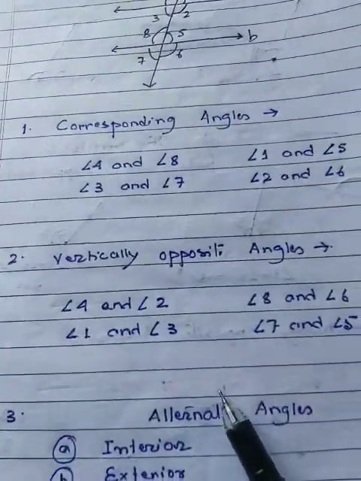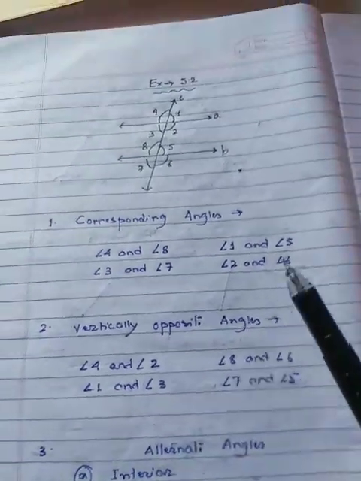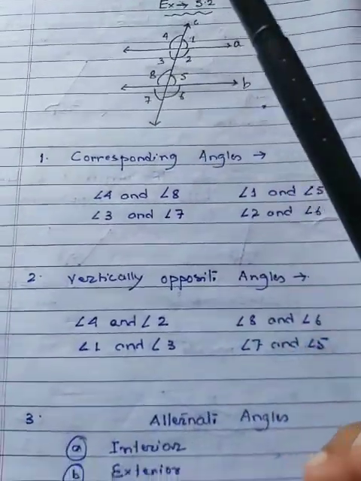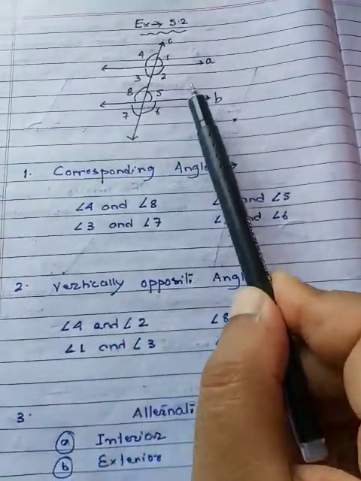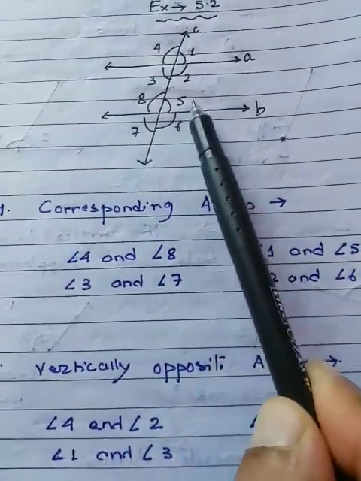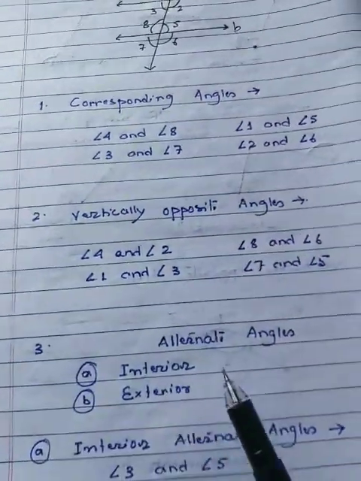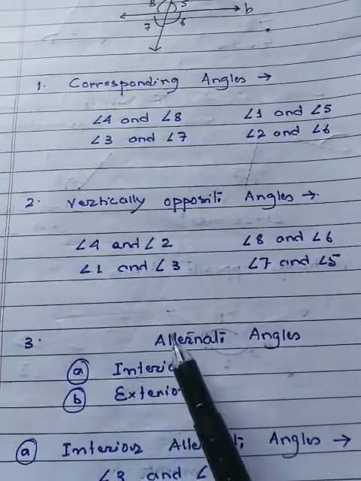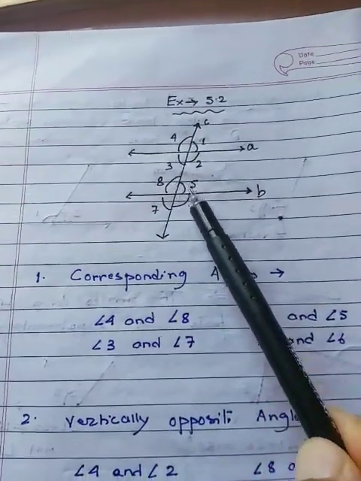Now alternate angles. Alternate angles are of two types, interior and exterior. When I'm talking about interior, we speak about the angles inside the parallel lines, that is 2, 3, 5 and 8. For interior alternate angles, 3 and 5 are equal to each other.